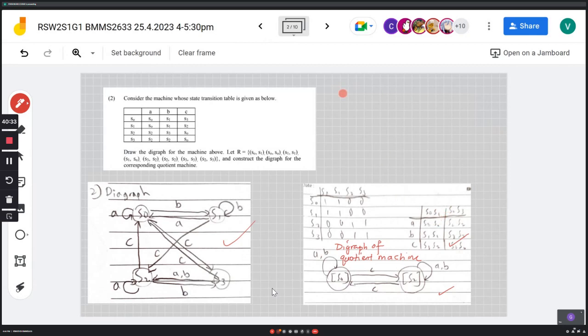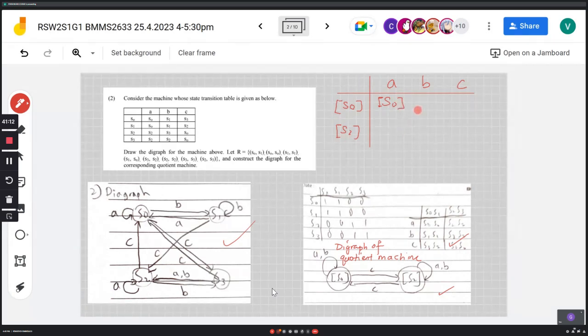If you form the table, you will have S0 for the first class here, and because the second one is S2 and S3, you can form S2 as the second class. Then the input, you have A, B, C, right? Then just write A, B, C. Then S0 after the input A, you look at this table here. It is S0, right? So here you put S0.